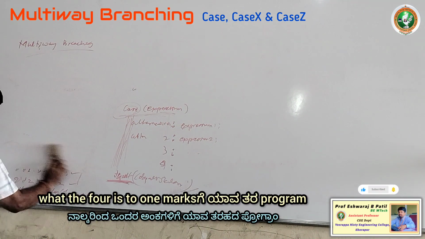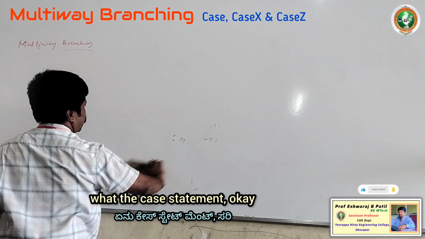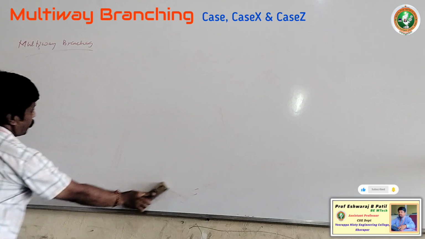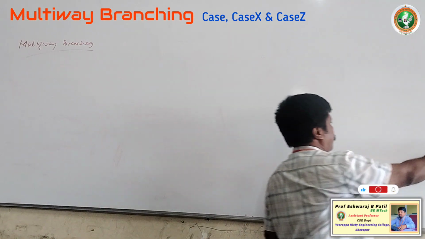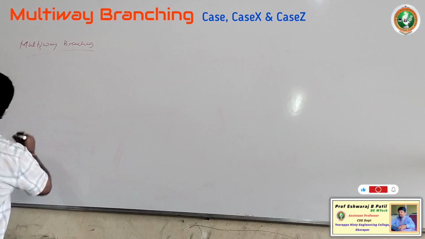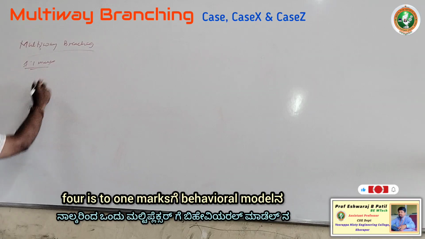Final one: write a program for a 4:1 mux with the help of the case statement, as a behavioral model.